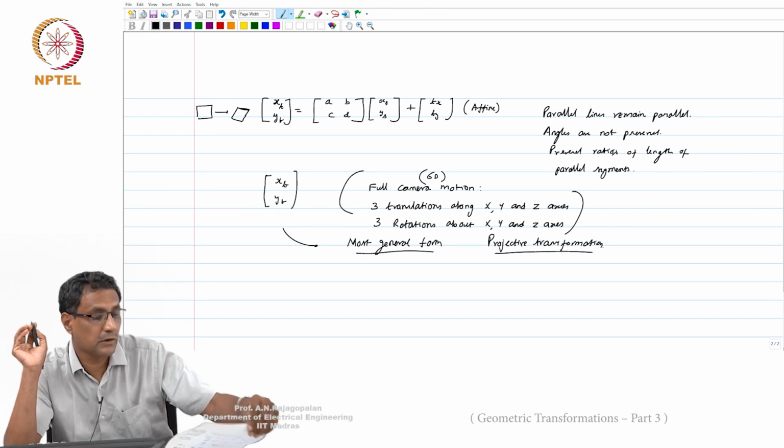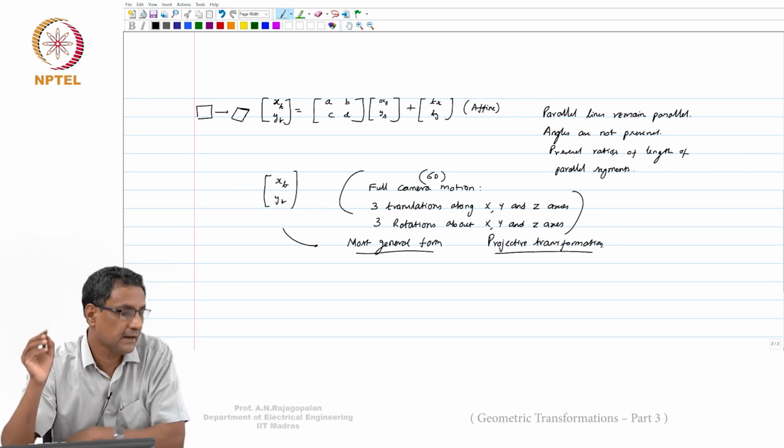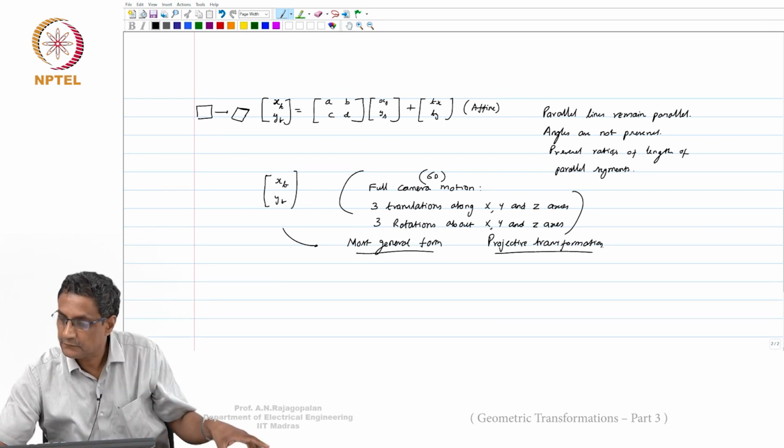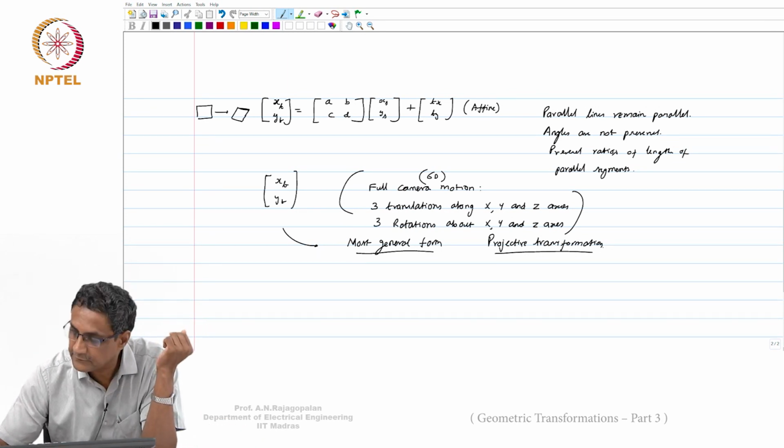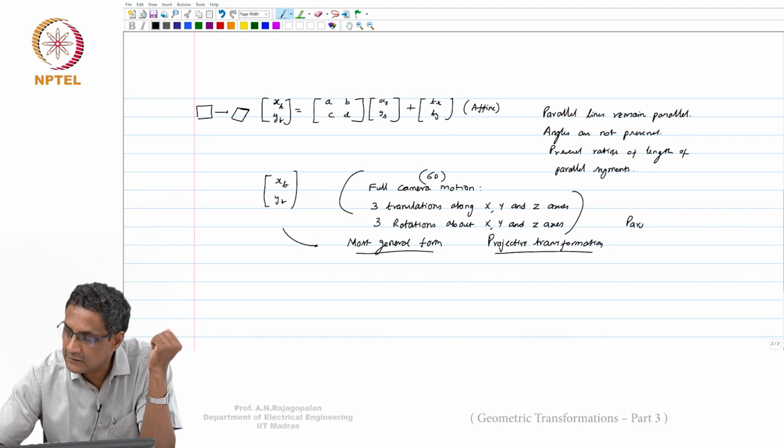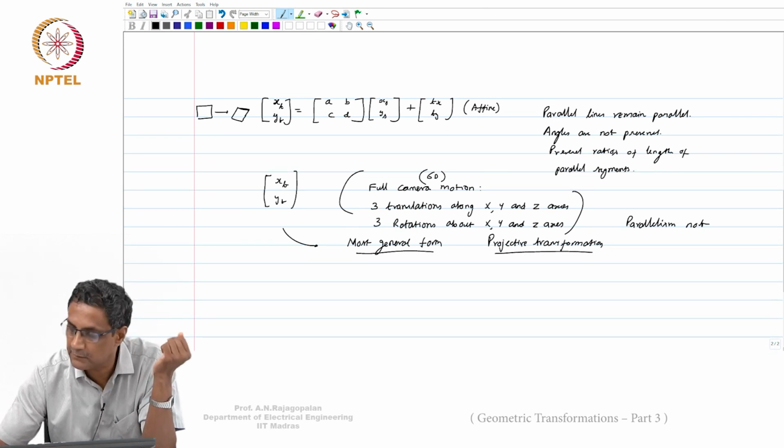Now what does it retain? Lines remain lines, thankfully. Parallelism is not preserved, whereas in affine, parallel lines remain parallel.